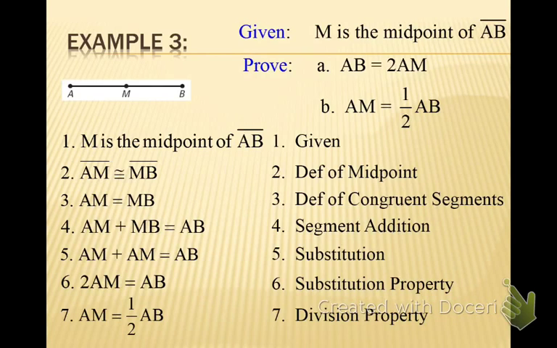Okay, so you just have to practice it. I know it's difficult because they don't give you any statements or reasons. You got to come up with things on your own. But if you practice and look back at the notes and see the theorems that we've introduced and apply those, you can do the proofs.